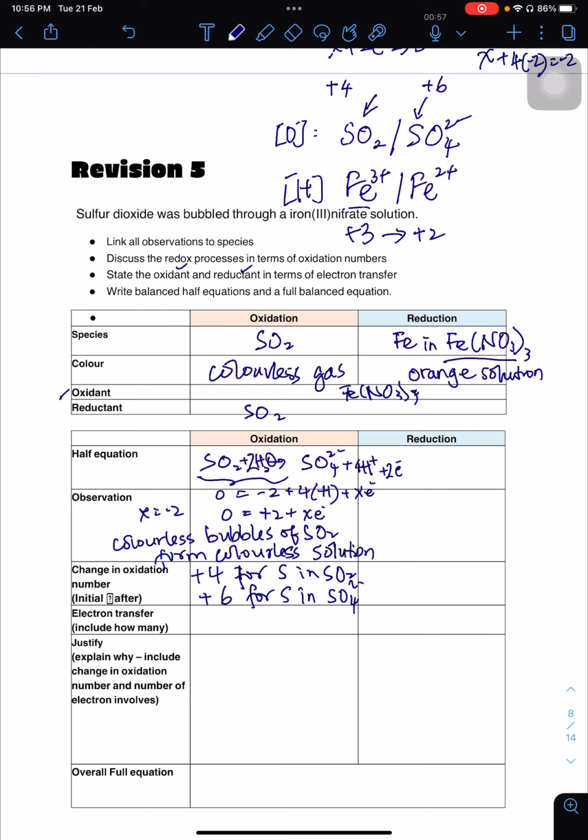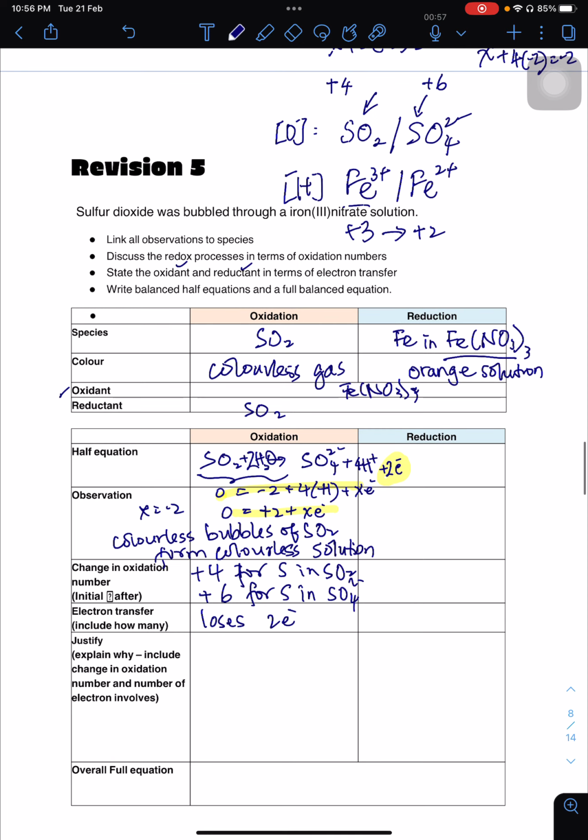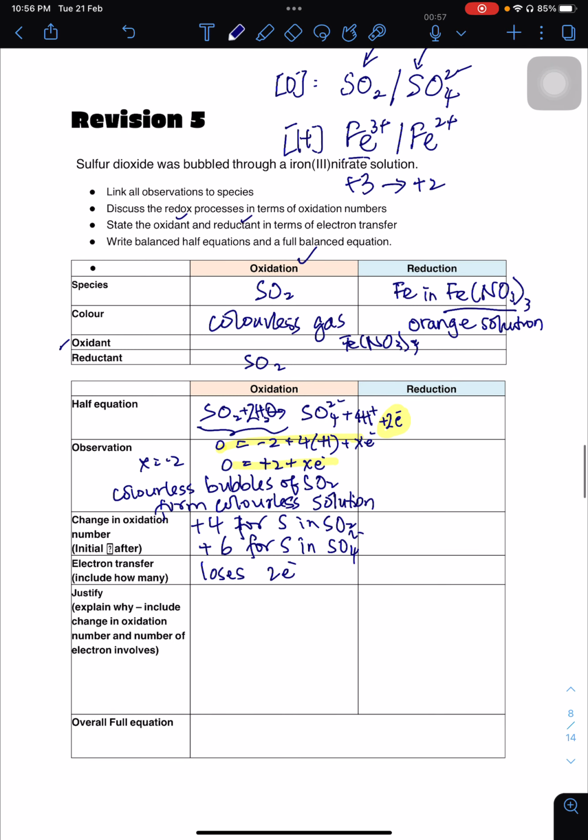And the number of electron transfer can be obtained from our calculation here. So you can see that it loses 2 electron, and do not forget oxidation means loss of electron.